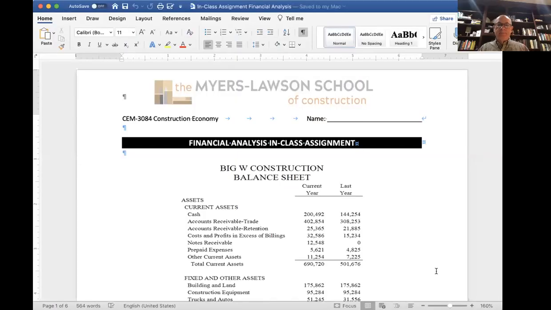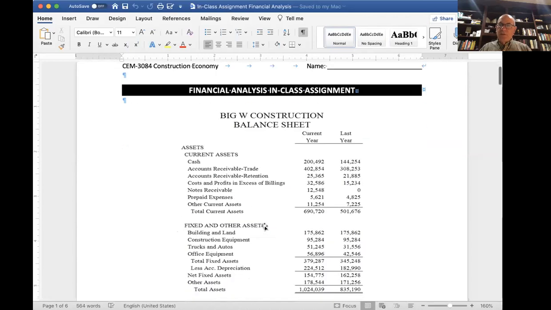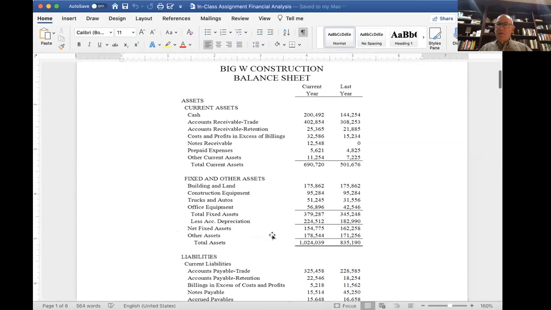Okay, back to the financial statement. Let me share this. So this is the document, and you've seen this, especially those that I notice are signed in every class time. I've said this before.